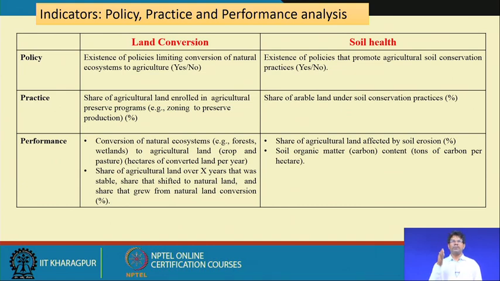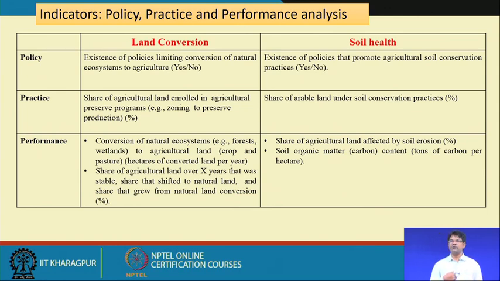The first one is a qualitative measure, yes or no. The second one is a percentage, a quantitative measure: we can quantify how much area is under soil conservation practices, whether through agronomic management, an engineering approach, or a biological approach.